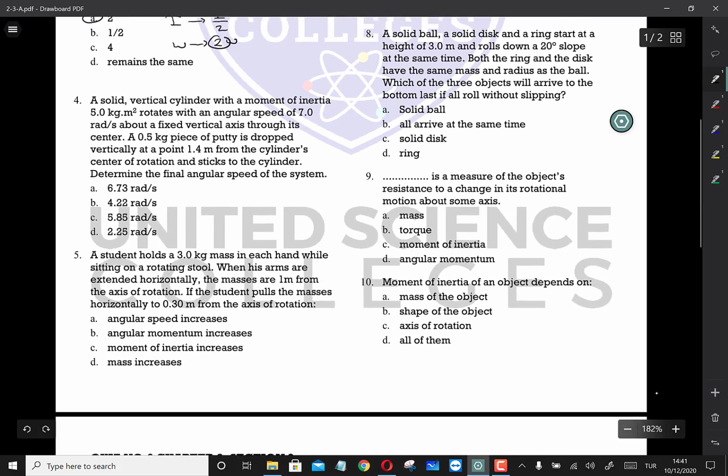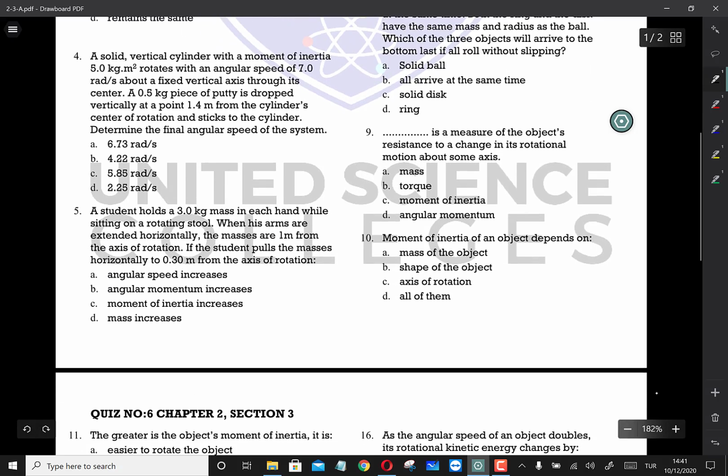Question number 4. A solid vertical cylinder with a moment of inertia of 5 kg·m² rotates with an angular speed of 7 radians per second about a fixed vertical axis through its center. So the initial moment of inertia of the vertical cylinder is given as 5. This is I cylinder initial.